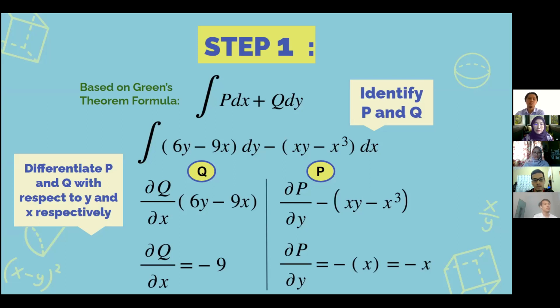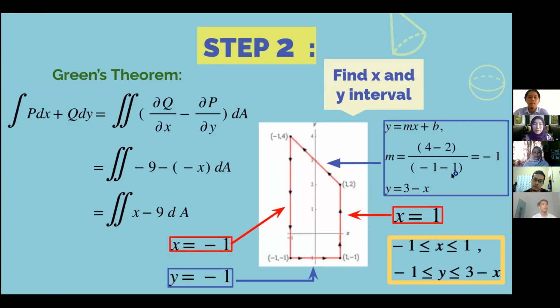Firstly, we must differentiate q with respect to x, which gives negative 9, and we differentiate p with respect to y, and we get minus x. And that's all. I will pass the presentation to the next member.